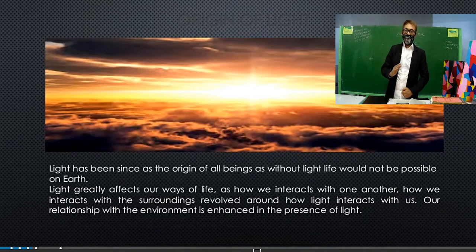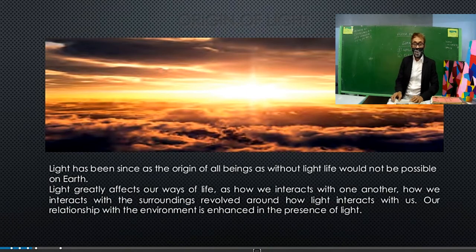Light has been seen as the origin of all being, as without light, life would not be possible on earth. Light greatly affects our ways of life and how we interact with one another. Our interaction with the surroundings revolves around how light interacts with us.